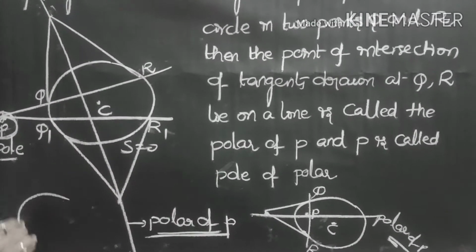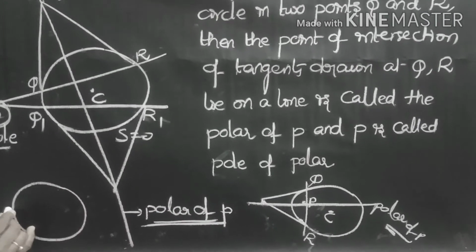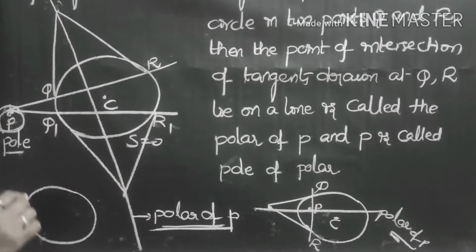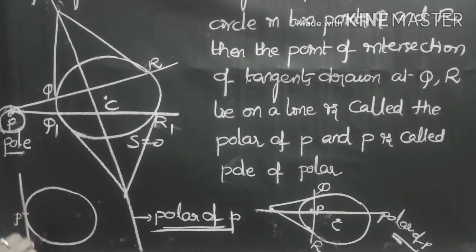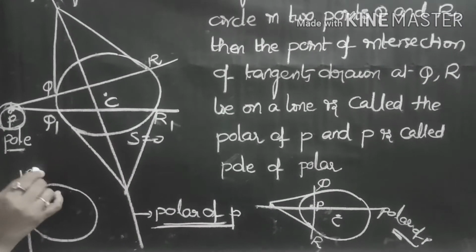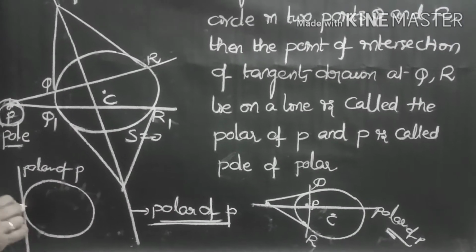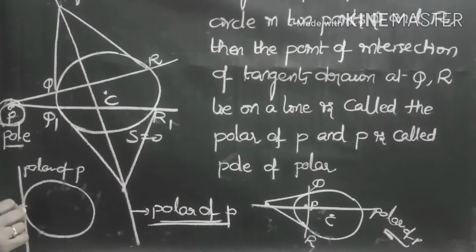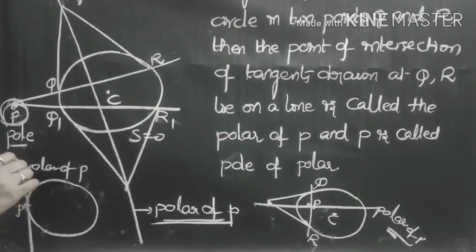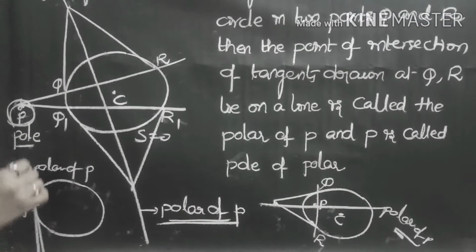And if the point P lies on the circle, then the tangent itself becomes the polar of P. That is, if the point P lies on the circle, then the tangent, the chord of contact and the polar of P all coincide, and these are all equal.